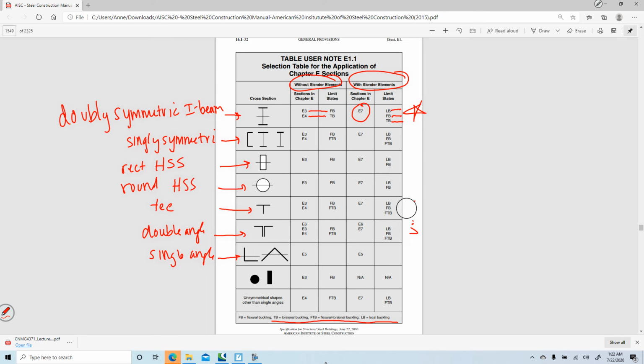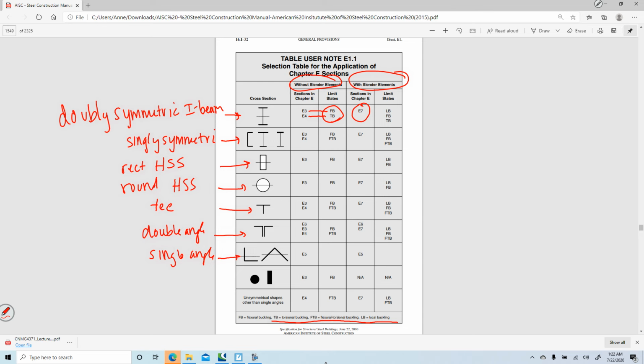So that is how you can use this note. If you wonder which limit states apply, you can go look at your cross section and it'll tell you. Whereas before, when we were doing tension, we always had to check yielding and rupture.